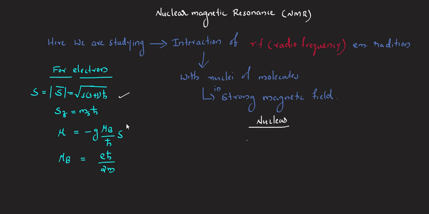For the nucleus we can define I, which is equal to square root of I into I plus 1 times h bar, where I is the nuclear spin quantum number.